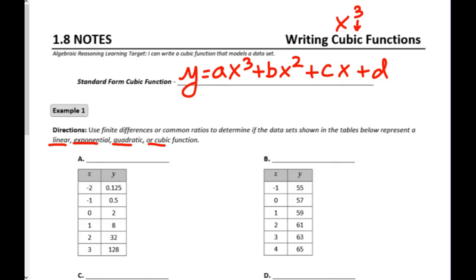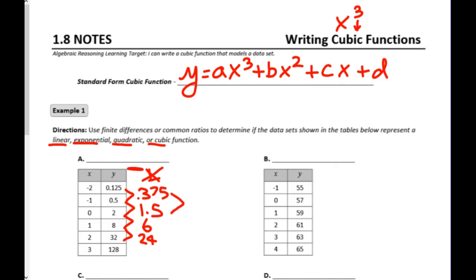So, I'm going to subtract a couple. 0.5 minus 0.125 is 0.375. 2 minus 0.5 is 1.5. 8 minus 2 is 6. 32 minus 8 is 24. Is that linear? The first difference is not the same, so I'm going to say no linear.